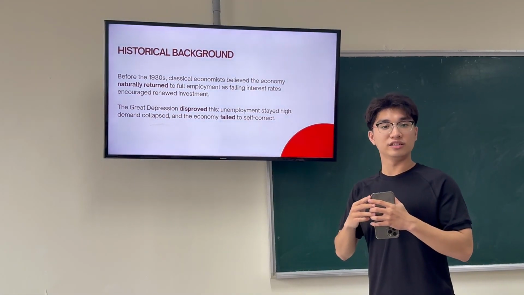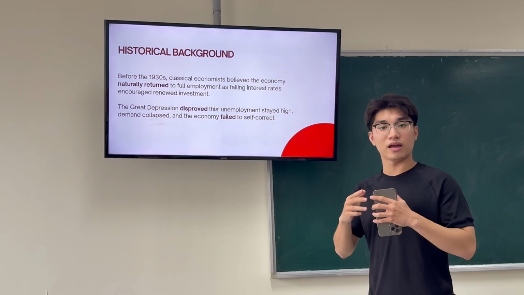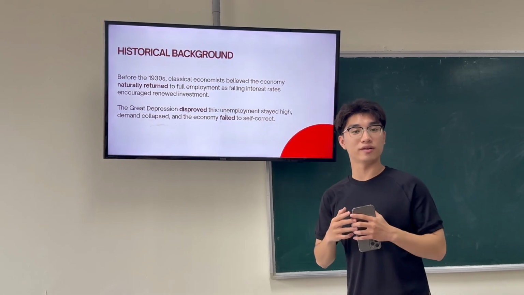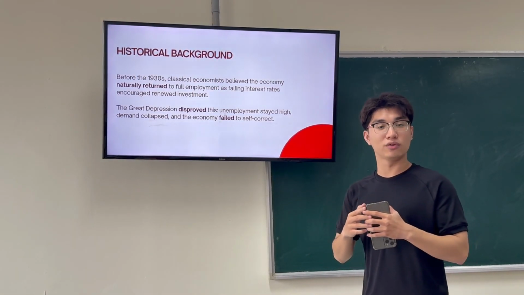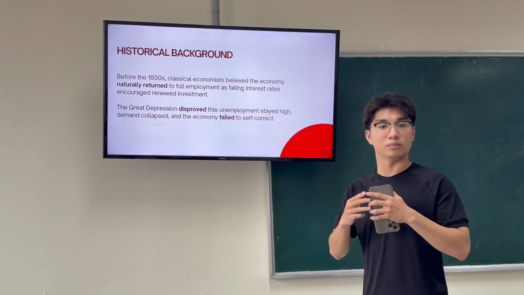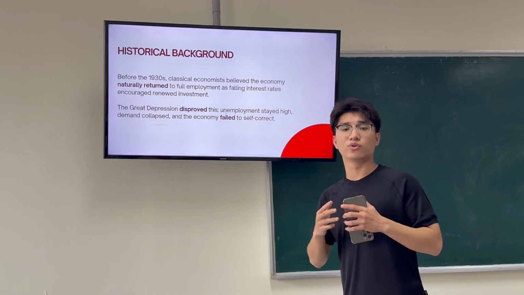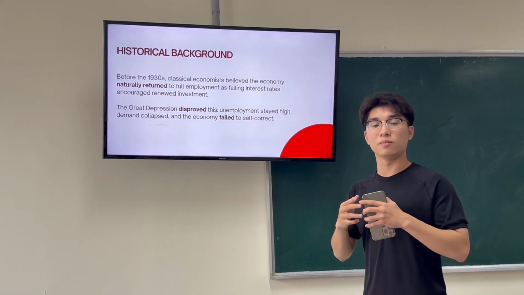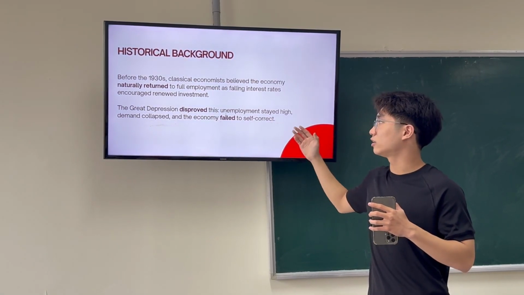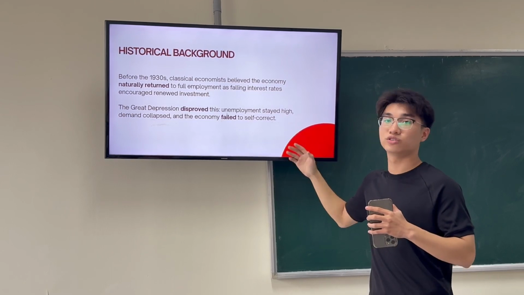Before the 1930s, economists believed the economy would naturally return to full employment as falling interest rates renewed investment. However, the Great Depression disproved this. Unemployment stayed very high, demand collapsed, and the economy failed to self-correct.